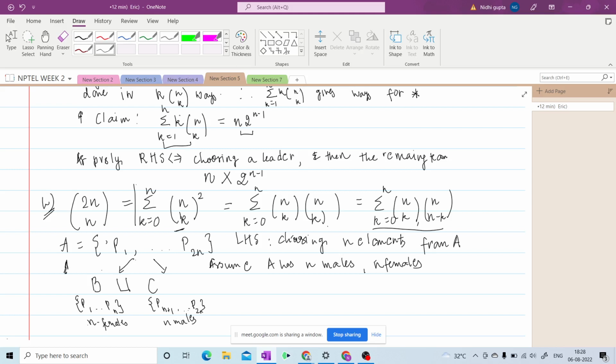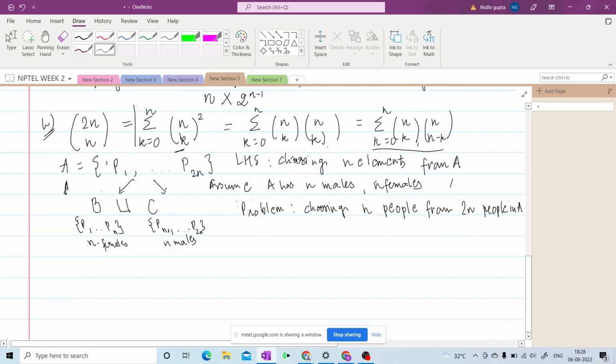And our problem is choosing n people from the 2n people in A. And how can we do this? The RHS is basically, step 1: choose K females.